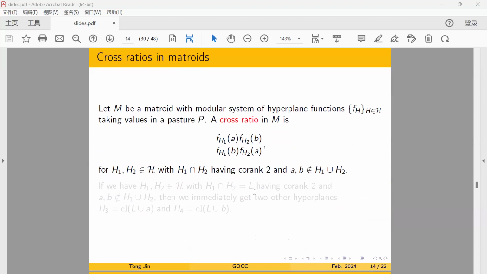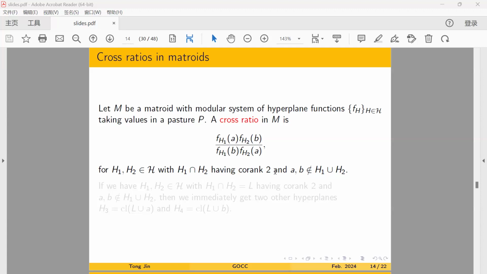So let's start with a matroid with a modular system of hyperplane functions fh taking values in a pasture P. Now a cross ratio of the matroid M has the following form. So we start with two hyperplanes H1 and H2, and we assume that H1 intersect H2 has corank 2.